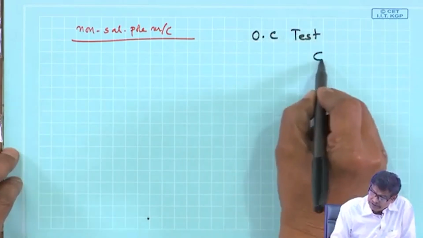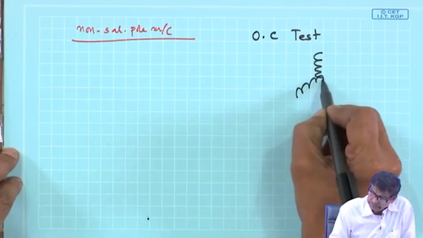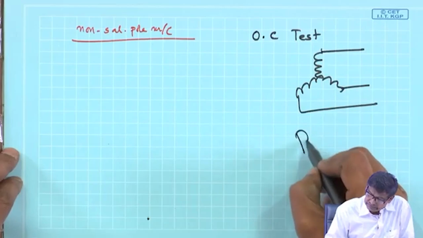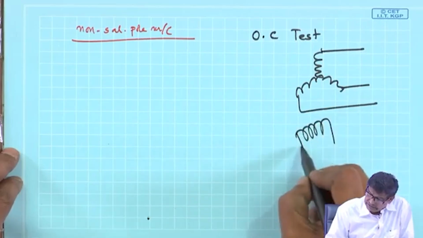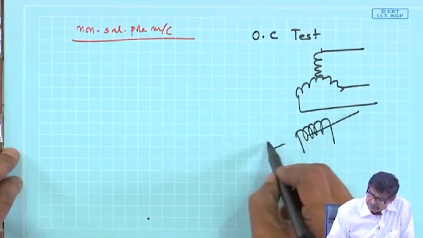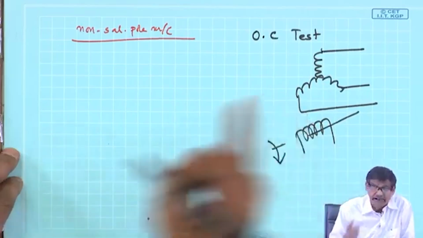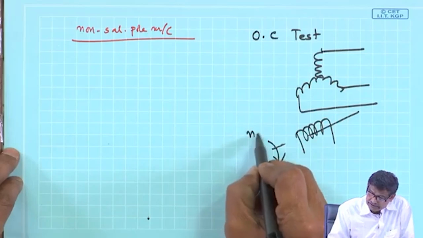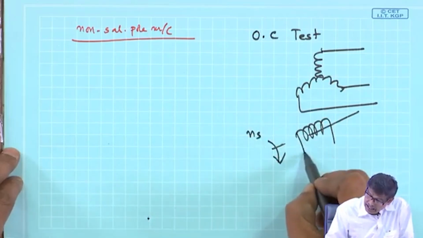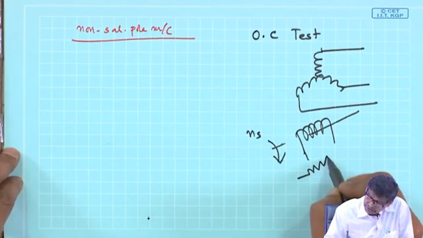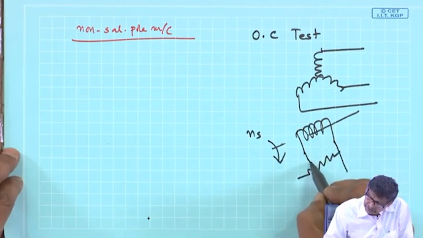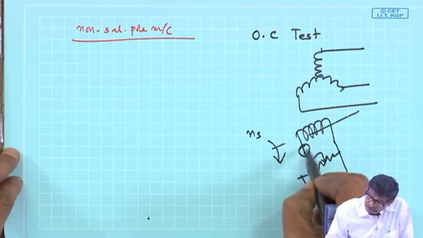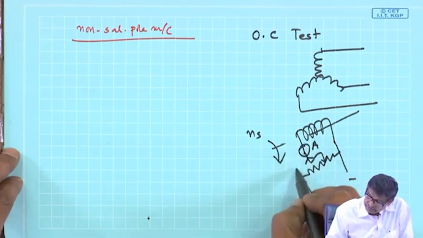What is done in the open circuit test is this: you have this generator, run it by some prime mover at rated speed, so that 50 hertz is generated, at rated RPM, and here you connect some circuit like this with DC, and record this ammeter reading, which is IF.